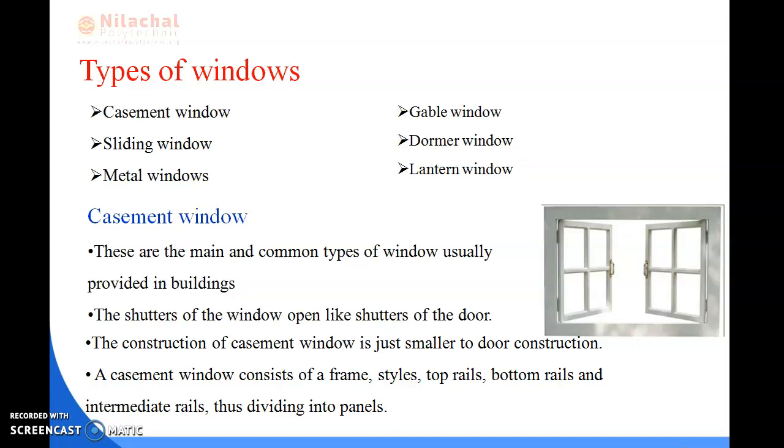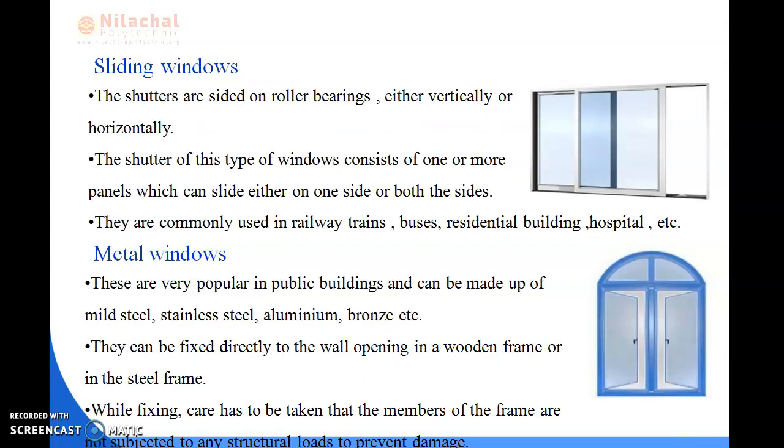Next we will be reading about sliding windows. What do we mean by sliding windows? In many of our offices and construction companies, we use sliding windows. These are images of sliding windows.